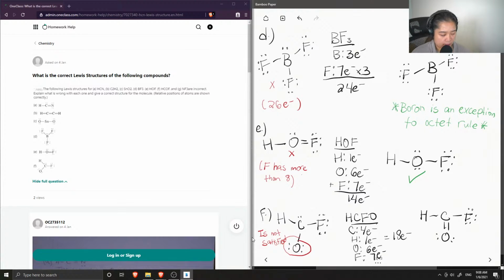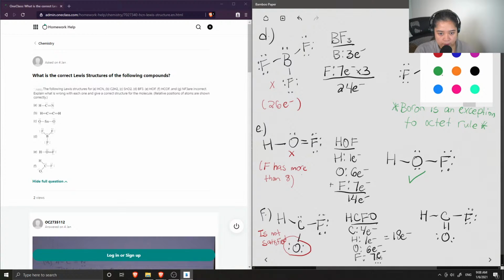And now we should still have 18 electrons, only now the oxygen has a full octet. So this structure is now correct.